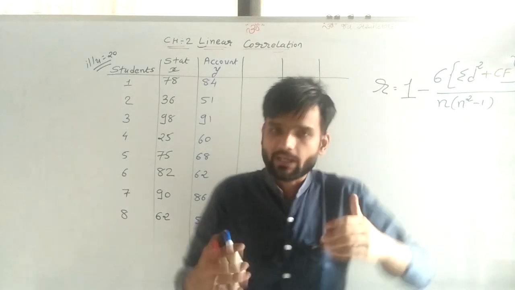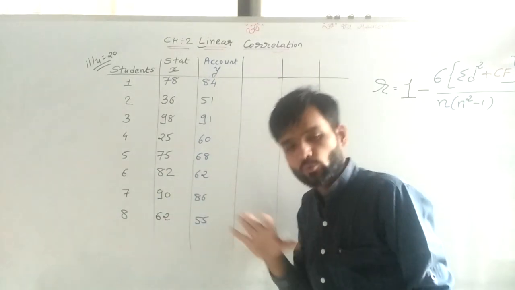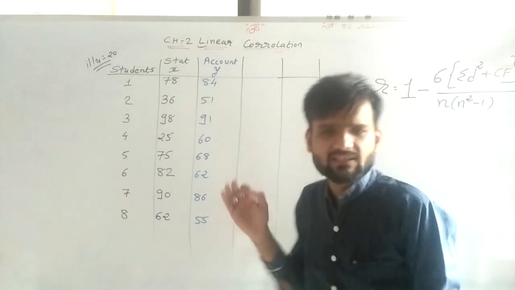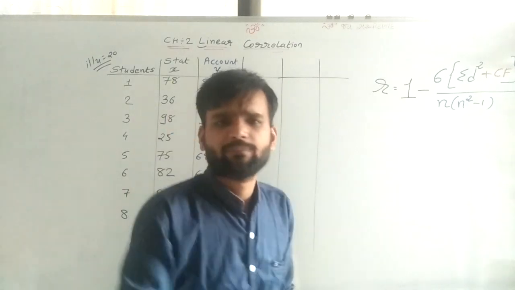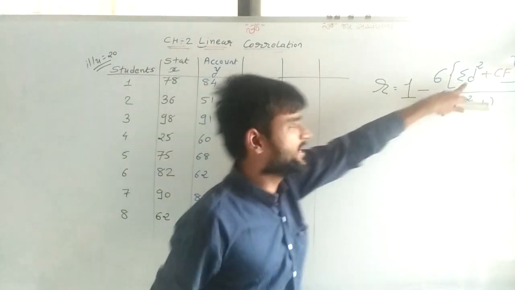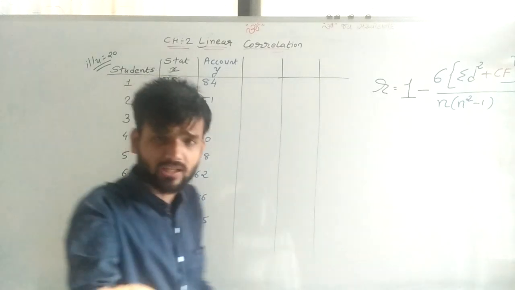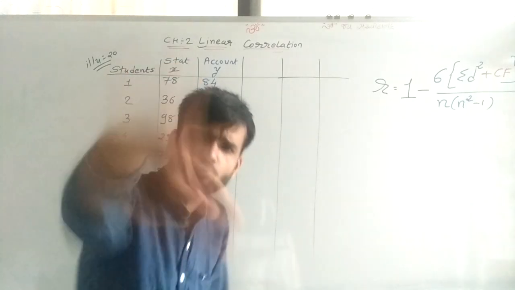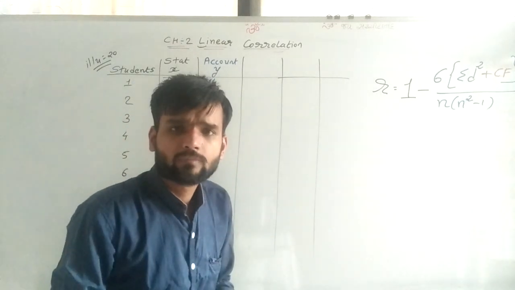So first of all, we are starting with this sum. Don't worry, this is the easiest sum in this chapter. Now we are starting the sum. To find the difference, we need ranks. Here ranks are not given. Sometimes in your questions, ranks are already given to you and you directly need to find the difference only.